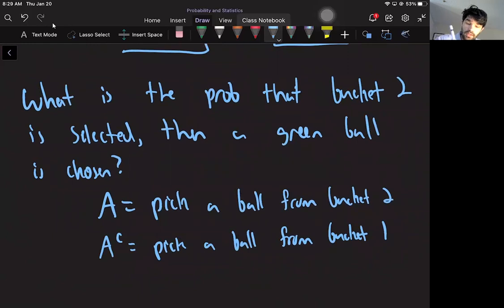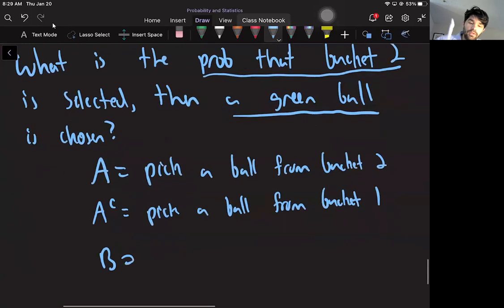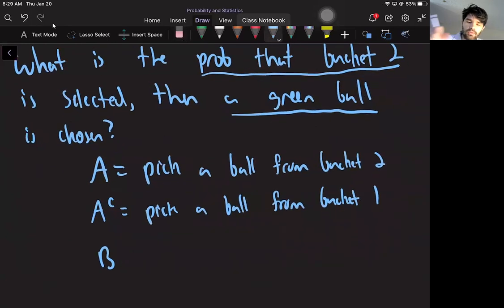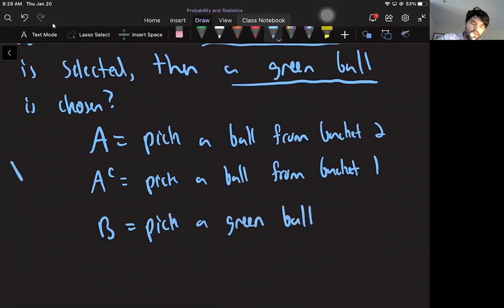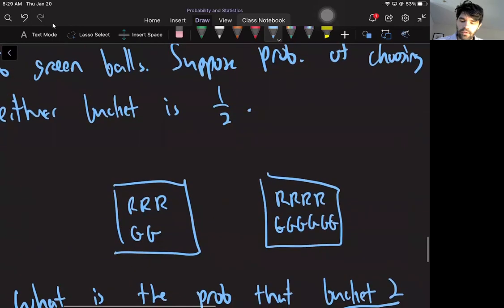So I needed a name for picking bucket 2 because of this part of the question, but I also need a name for picking a green ball. So let's call that B. So the names that I use in the definition of partition were B1 to Bn, but they're just names, so you may end up using different names when you actually do a problem. Okay, so B is going to be pick a green ball. So these are events that can happen in this little game where you have a bunch of balls and buckets and you pick a ball.